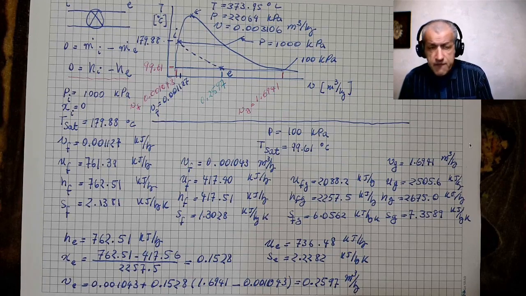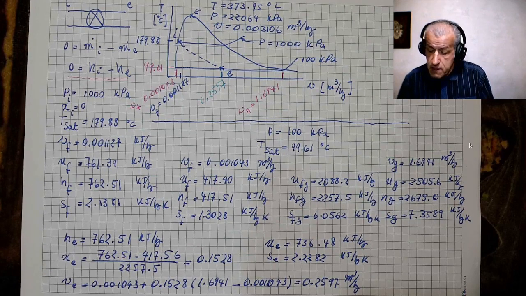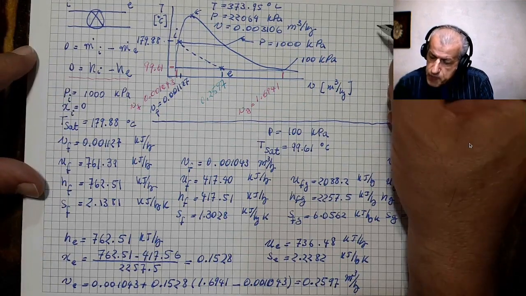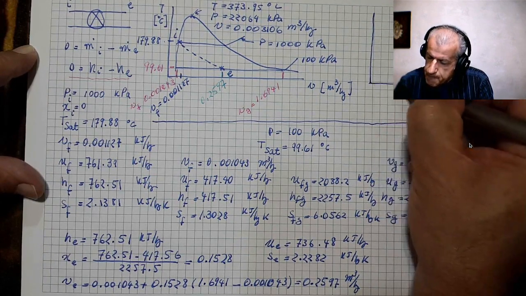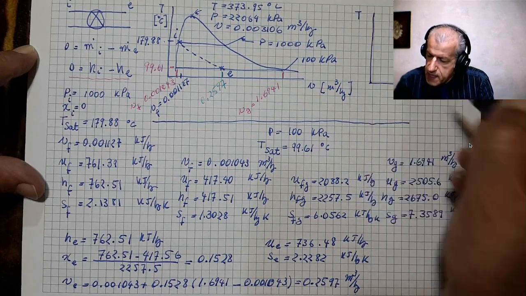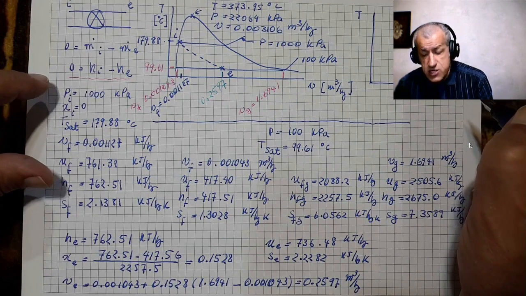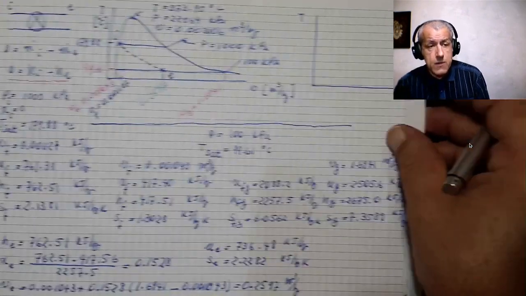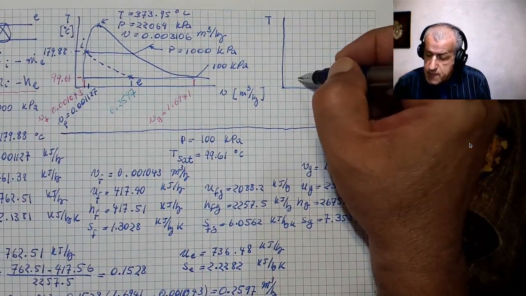It would be very informative if we also draw the TH diagram for this figure. Since it is a constant H process, what I would do is draw a TH diagram, where this is T and this is H. The TH diagram has a different shape, and the saturation line has a different shape than this one.